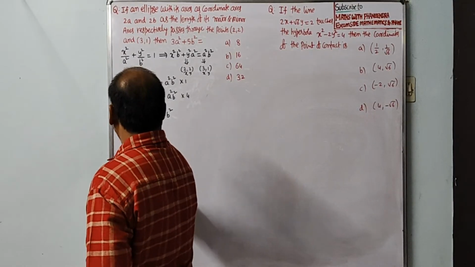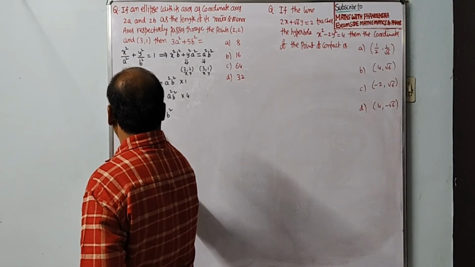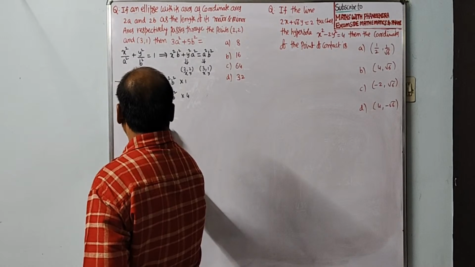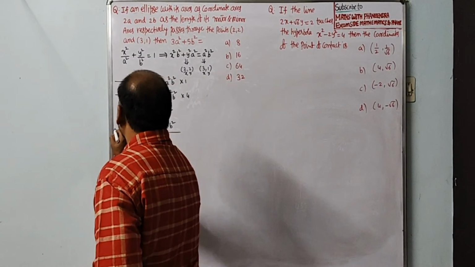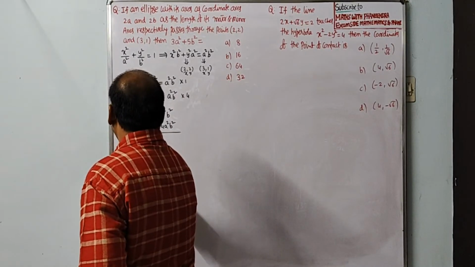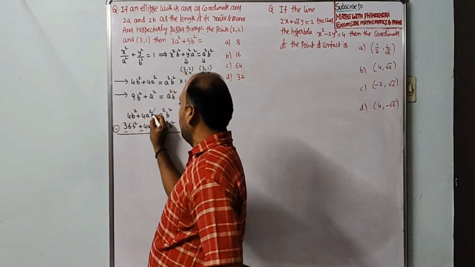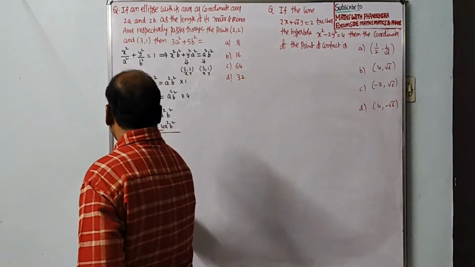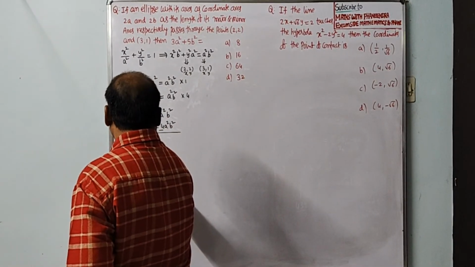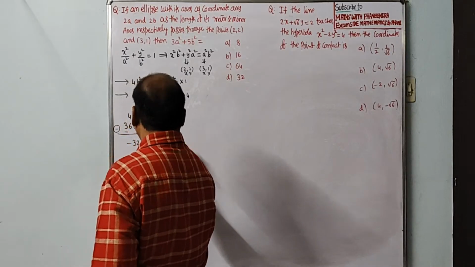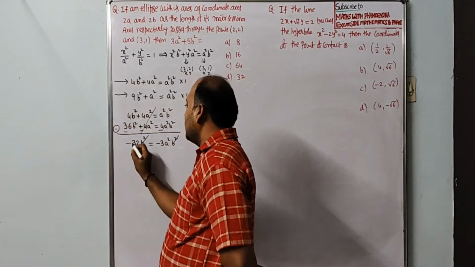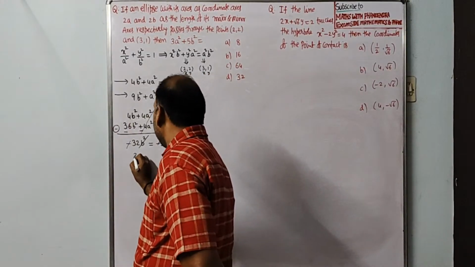This equation multiplying with 4 gives 36b square plus 4a square is equal to 4a square b square. After that I am going to subtract. If you subtract, these two will be cancelled. So minus 32b square is equal to minus 3a square b square. So b square gets cancelled, minus minus also gets cancelled.